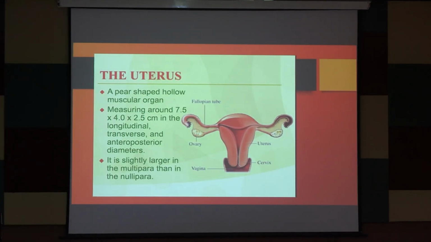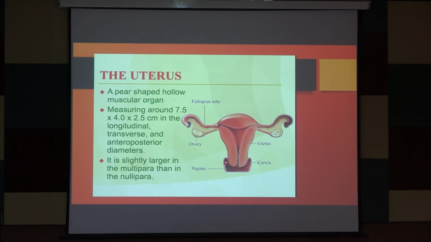And the uterus, you know, is a muscular organ which is responsible for cyclical bleeding and also for carrying the pregnancy. That you know about the function. And the measurement is important. Measurement means from the external os. These are the terminologies you have to remember. You have to rather practice.